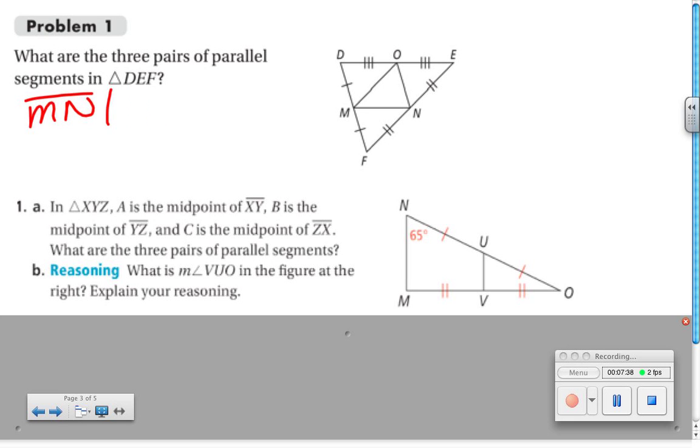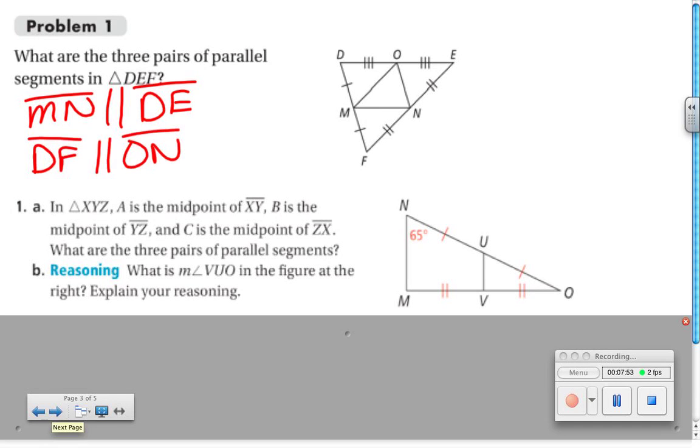GF is parallel to ON. So far, I've identified 2 of my midsegments and the third side that they're parallel to. Segment OM is parallel to EF.